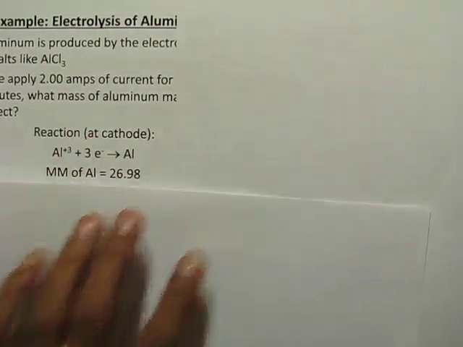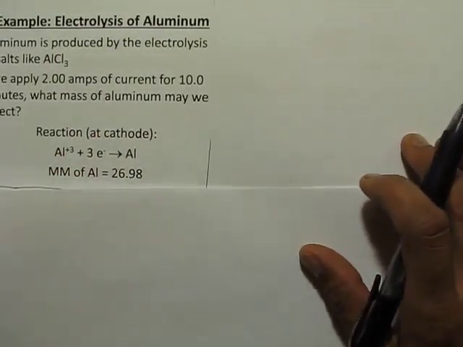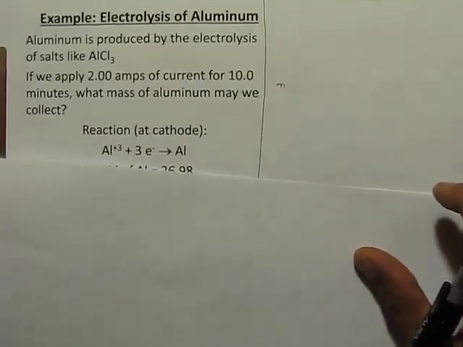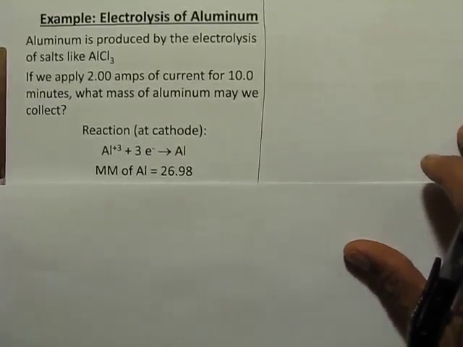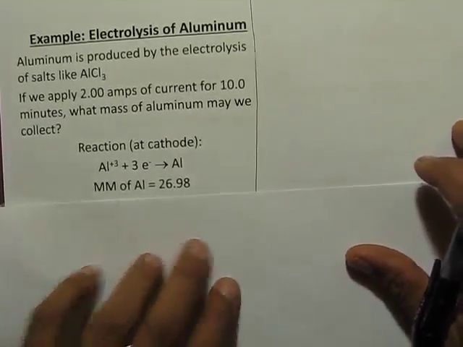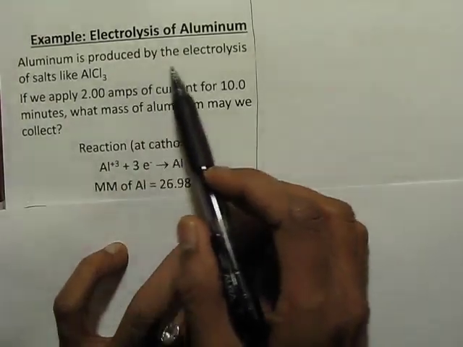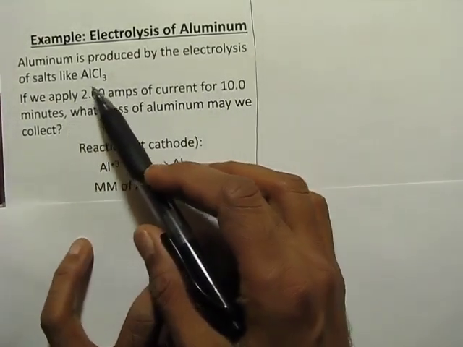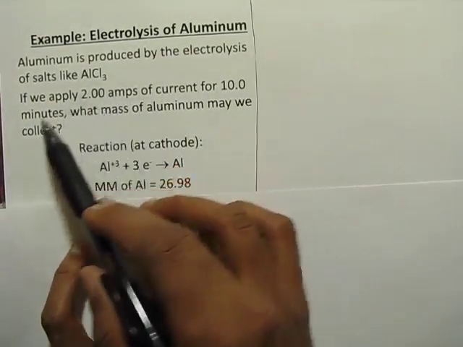In this question, aluminum is produced by electrolysis of a salt like aluminum chloride, AlCl3.